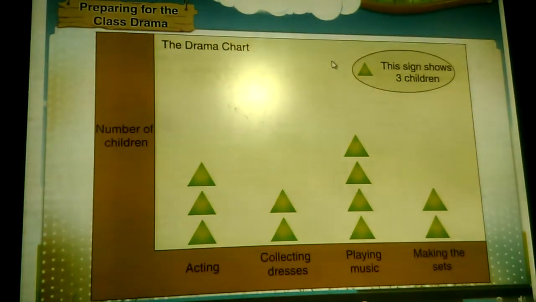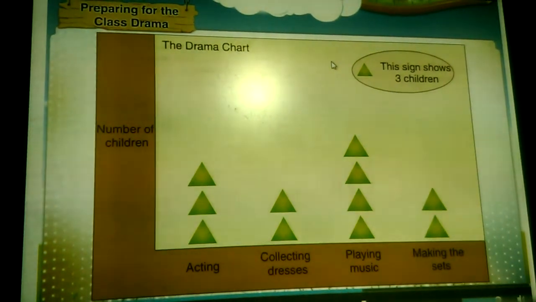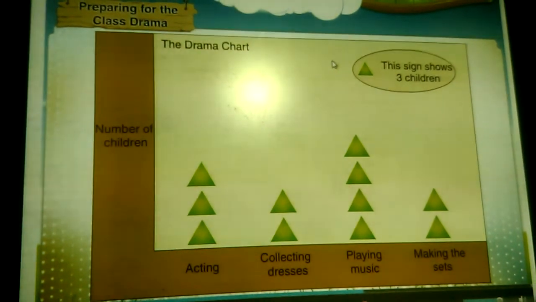The drama chart is shown here. On one side, the number of children, and on the other side, various activities such as acting, collecting dresses, playing music, making the sets are shown. From this chart, answer the given questions.